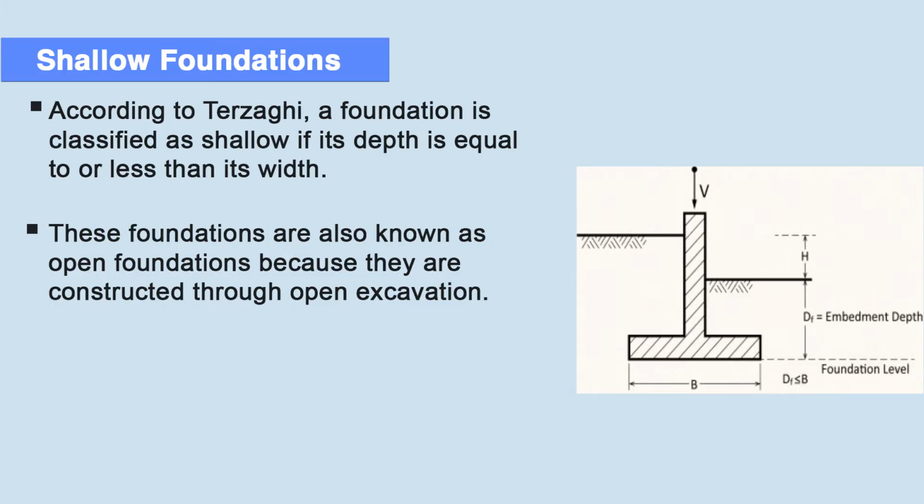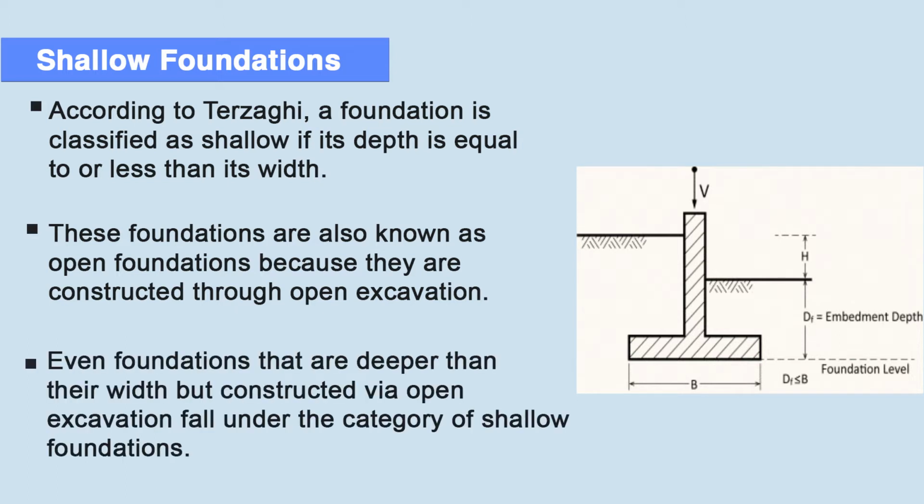These foundations are also known as open foundations because they are constructed through open excavation. Even foundations that are deeper than their width but constructed via open excavation fall under the category of shallow foundations. These foundations are situated immediately below the lowest part of the superstructure they support.